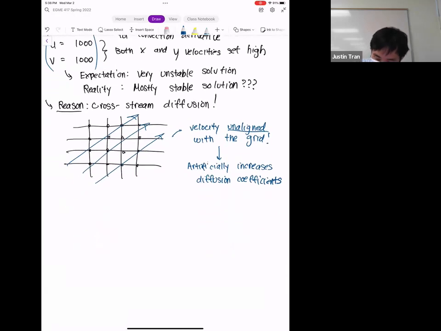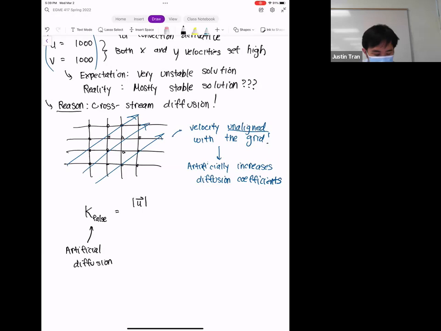And so we can compute this, or at least a rough approximation of this. Okay. And so I'll go ahead and define it as K false, where K false here is our artificial diffusion. Okay. And so artificial diffusion is given by, first we take the magnitude of the velocity.